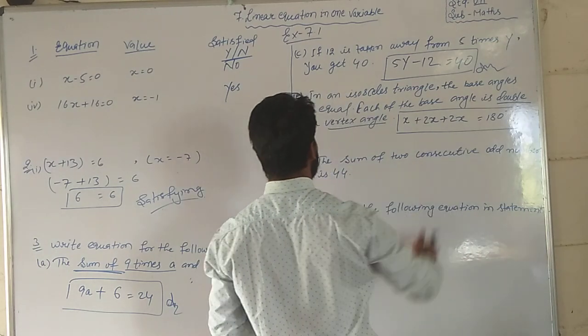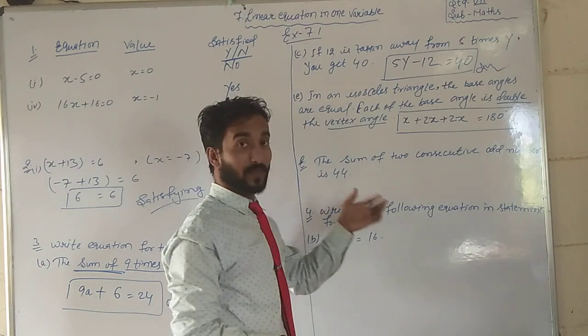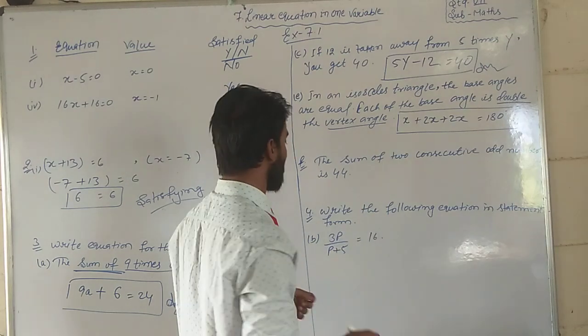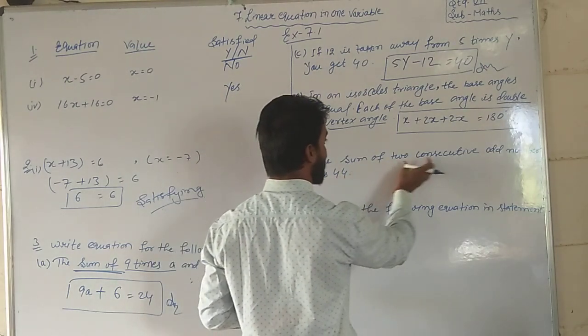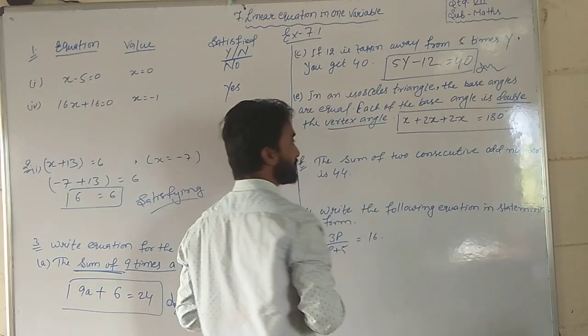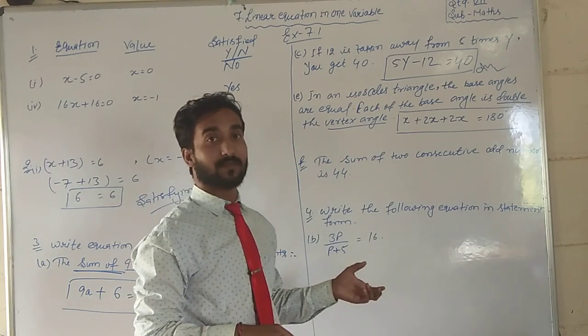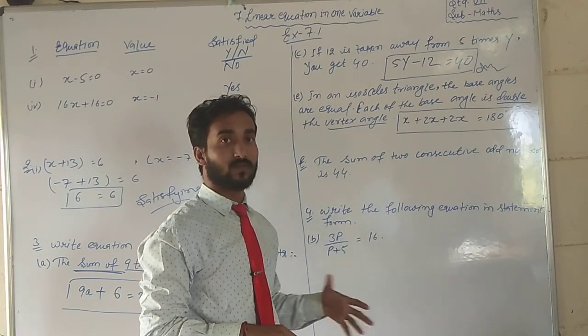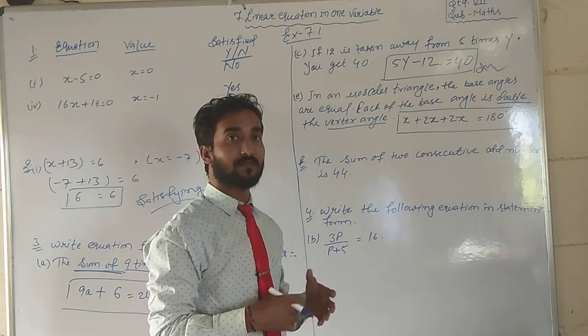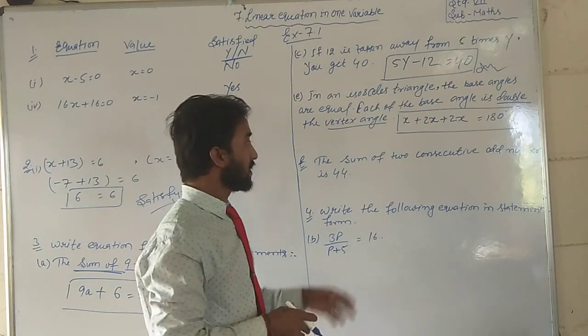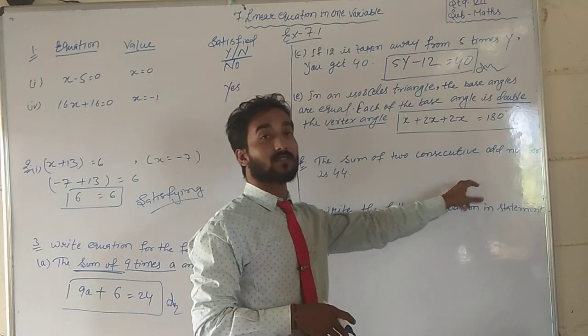So students, I hope that you have understood how to make an equation of the given statements. See, the sum of 2 consecutive odd numbers. Consecutive means continue. Okay. Now this question demands consecutive odd numbers.